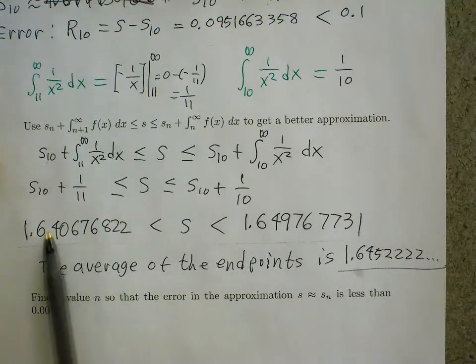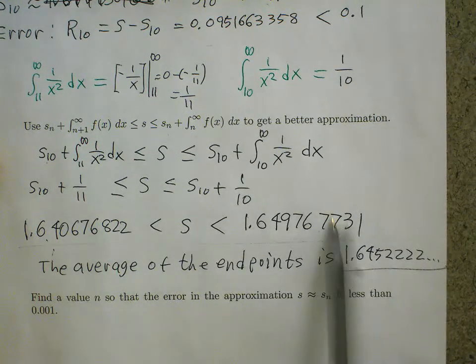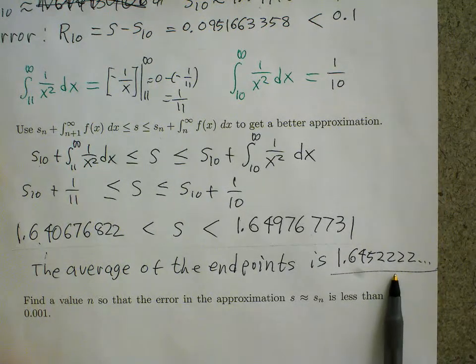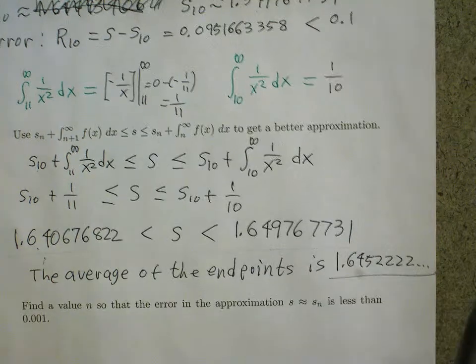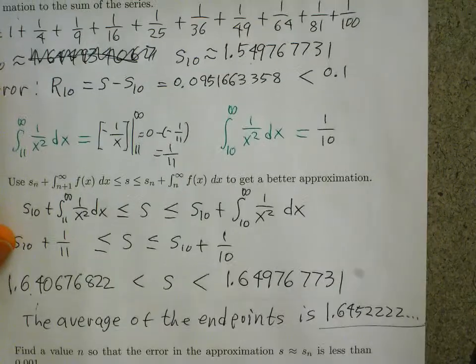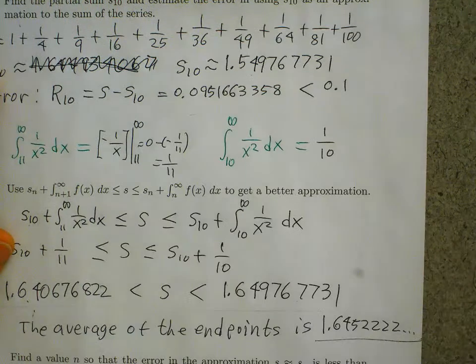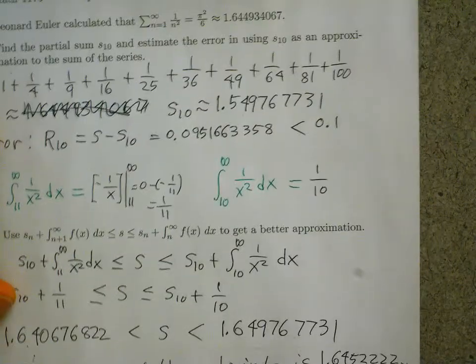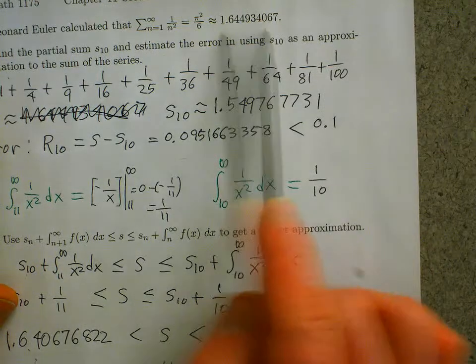I just took the average of those two numbers to get a better approximation. When you compare that with the actual number, you can see that it's pretty close. The actual number is up here.